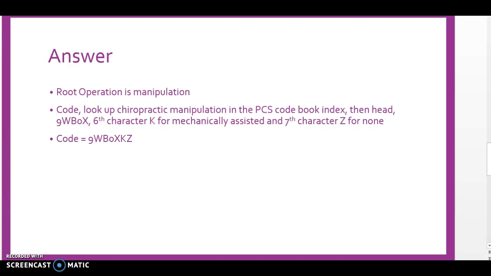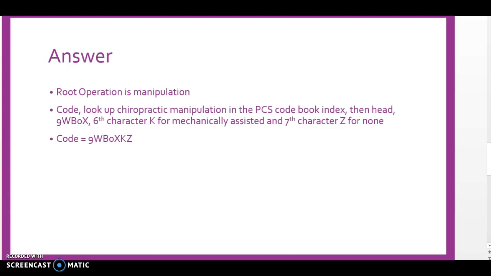So if you open up your code book, in the index, we can't just go to manipulation. If you go to manipulation, it'll say adhesions see release or chiropractic see chiropractic manipulation.